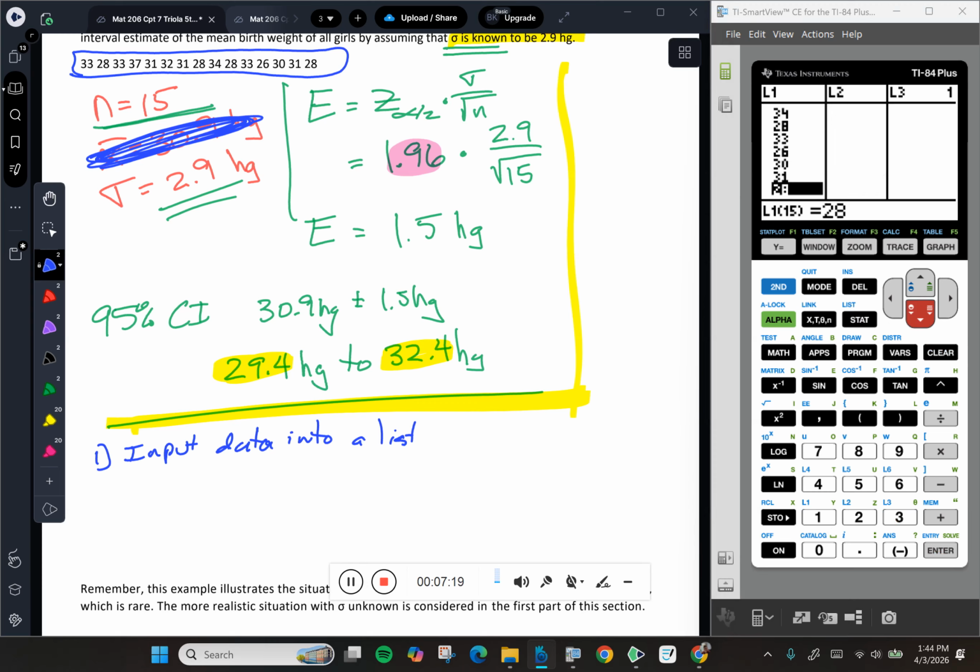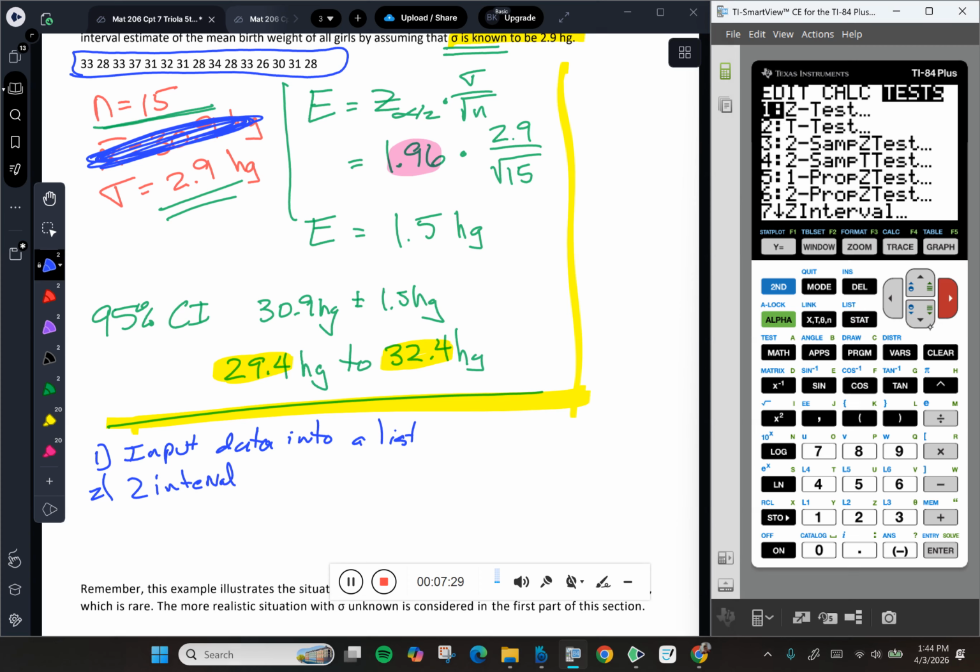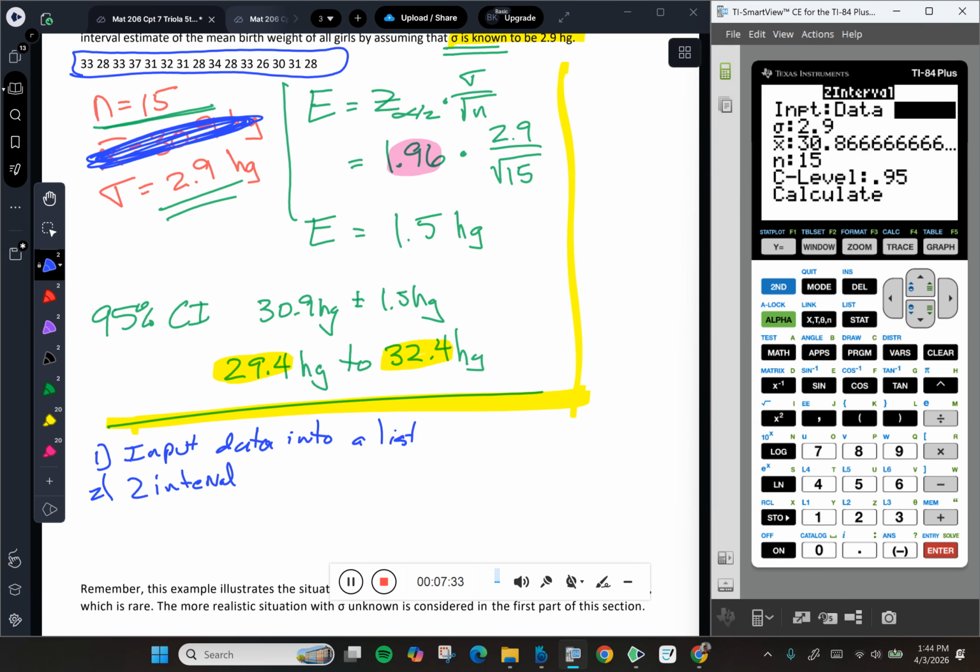And now I'm just going to run that z-interval command again. So back to stat, over to tests, down to z-interval, right? But this time I'm going to highlight data.